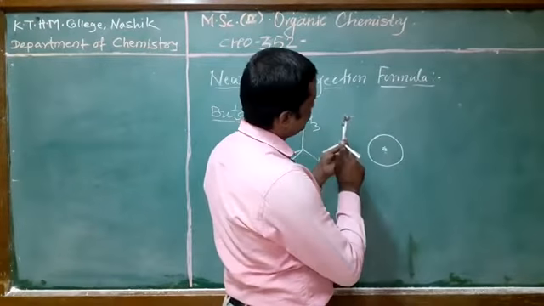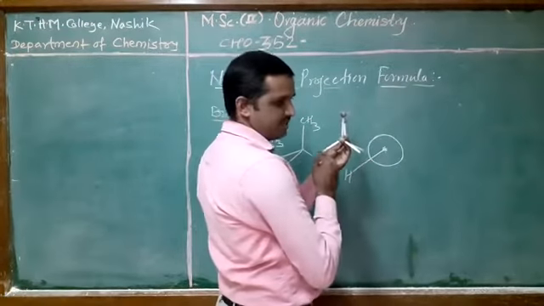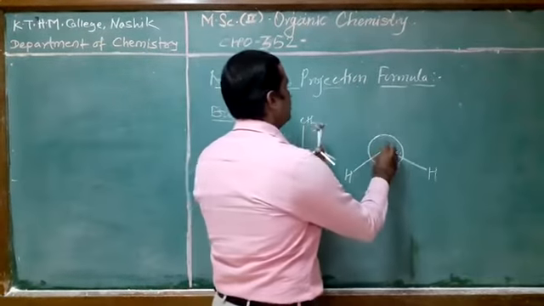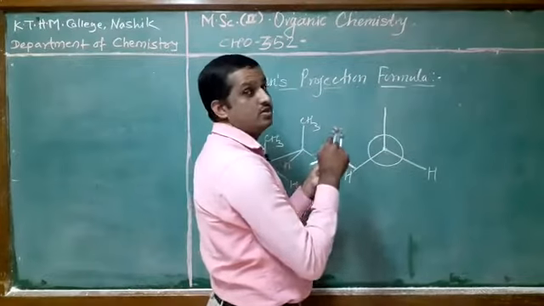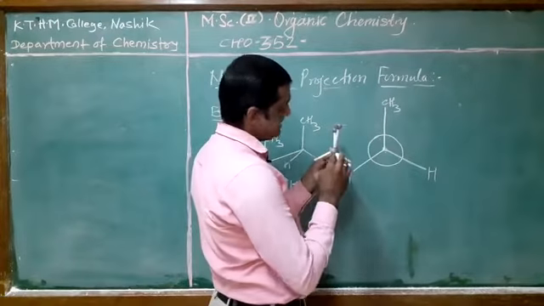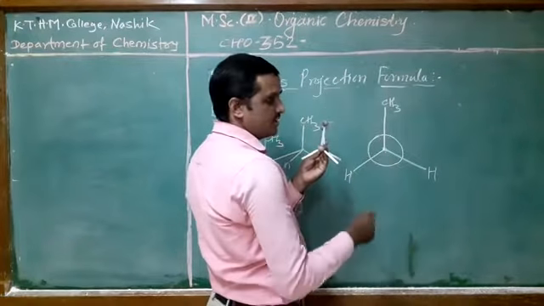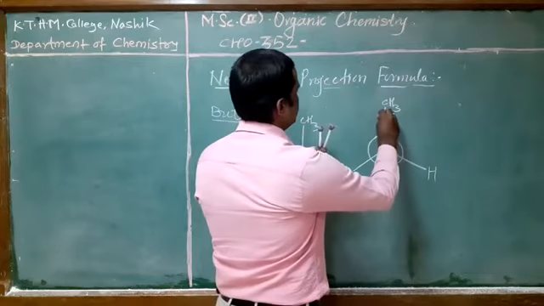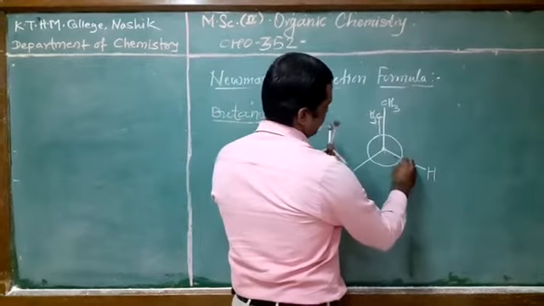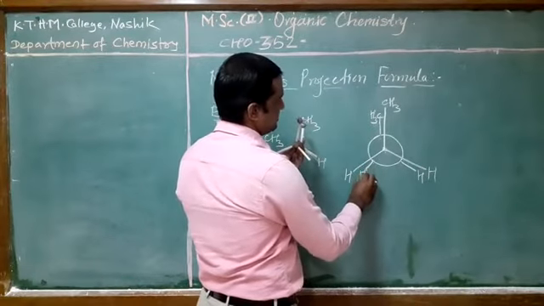The front carbon has two hydrogens in downward directions, left and right, and one CH3 group upward. Exactly behind it is the circle, the backside carbon atom, which has a CH3 group upward, a hydrogen downward right, and a hydrogen downward left.